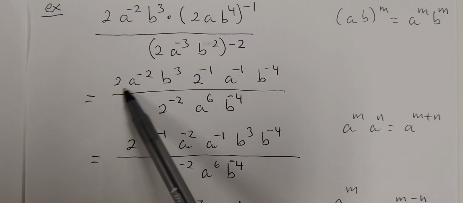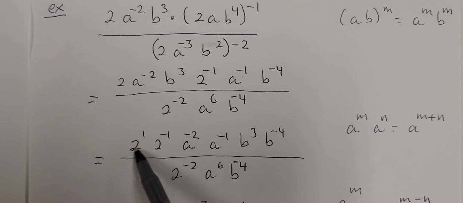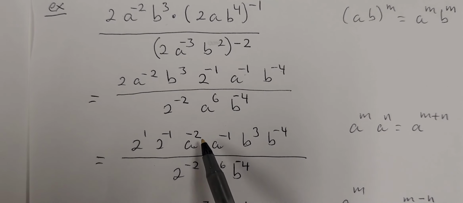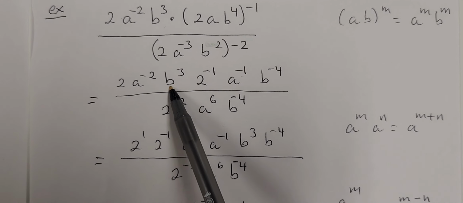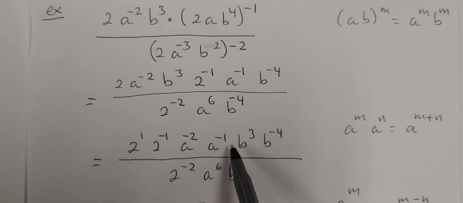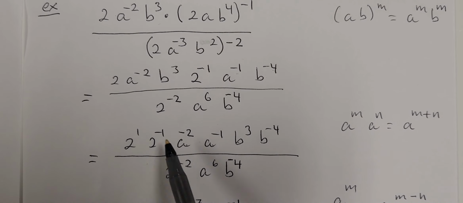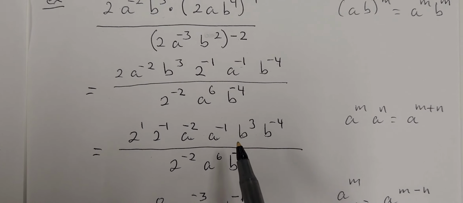So this 2 and this 2 go here. A with another A goes here. B with this B goes right here. Okay, so separate them, number, A, B. Okay.